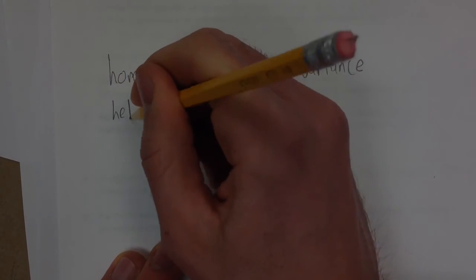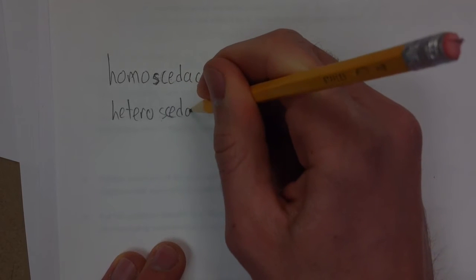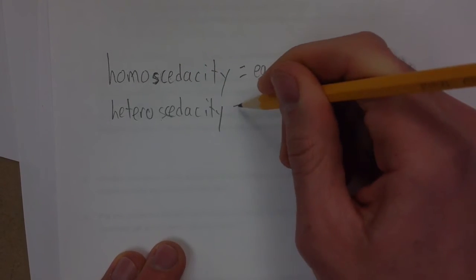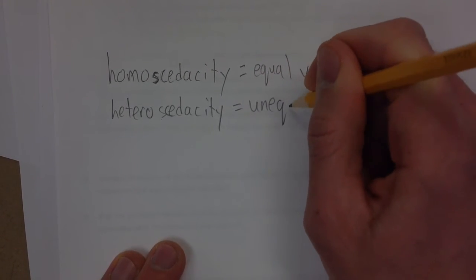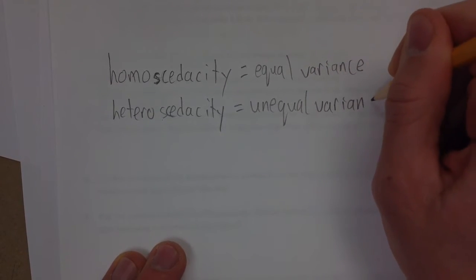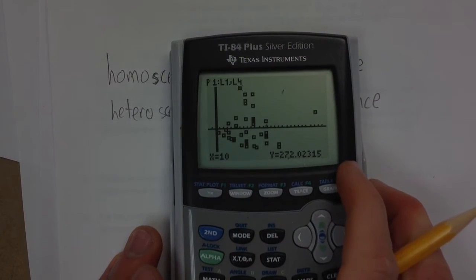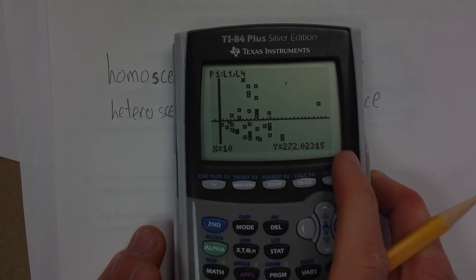And then the opposite of that would be hetero. So this residuals plot shows heteroscedasticity. Okay.